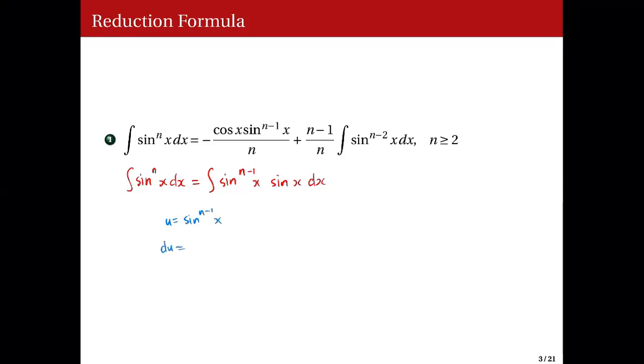And of course, du will be n minus 1 sine raised to n minus 2 x, and then by chain rule, multiply this by cosine x dx. Our dv will be the remaining, sine x dx, and therefore v is negative cosine x.